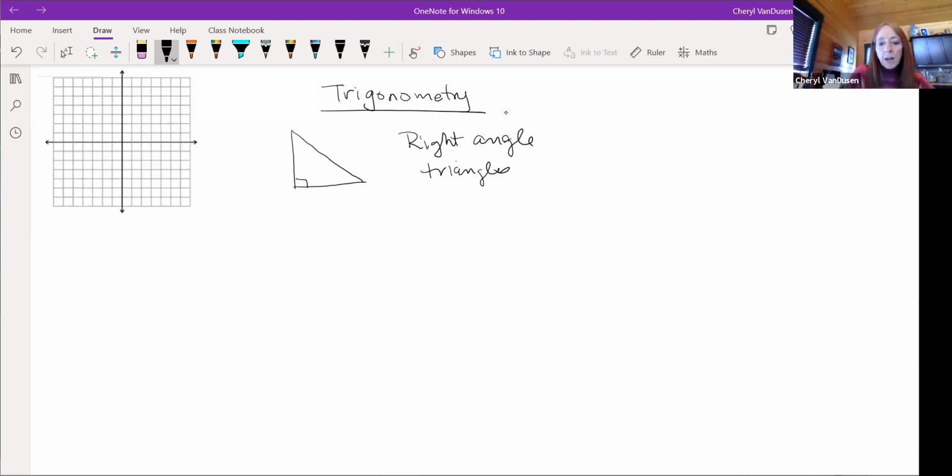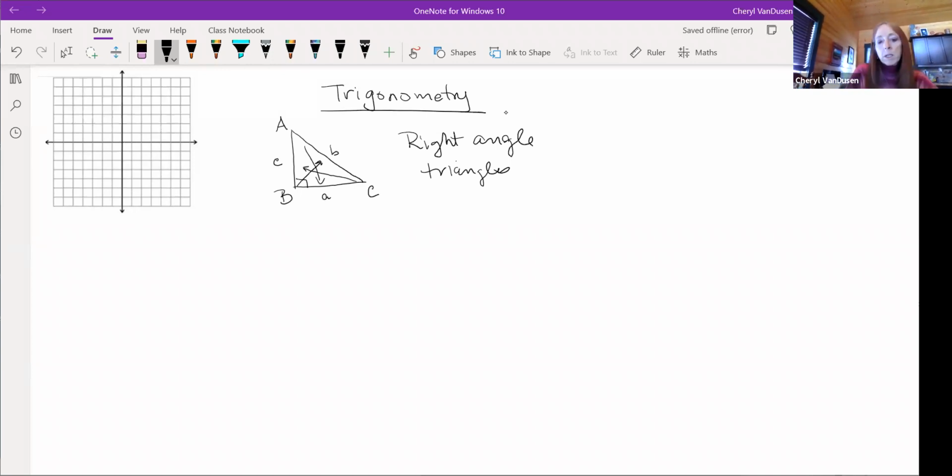Once we have that, there are a couple of things we need to review. I'm not going to spend a lot of time because we are looking at trigonometry from a review standpoint. One thing to note, you will often see that the corners or the angles of a triangle are labeled with uppercase letters, and then directly across from those is the lowercase equivalent.